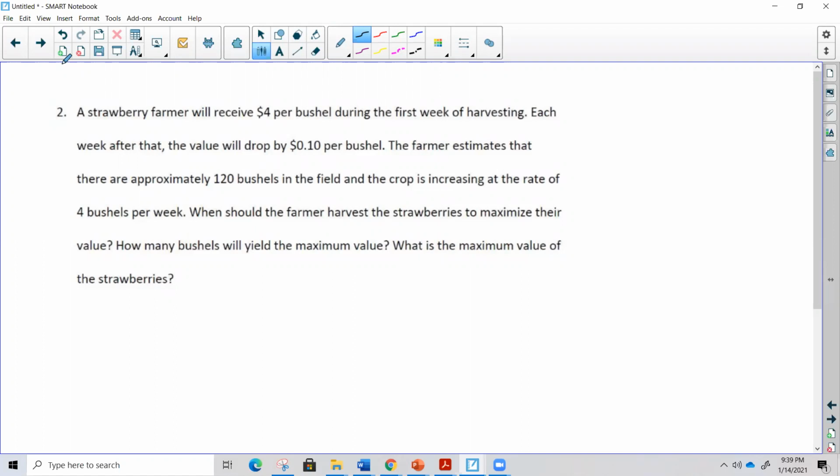The farmer estimates that there are approximately 120 bushels in the field, and the crop is increasing at a rate of 4 bushels per week. When should the farmer harvest the strawberries to maximize their value? How many bushels will yield the maximum value? And what is the maximum value of the strawberries?